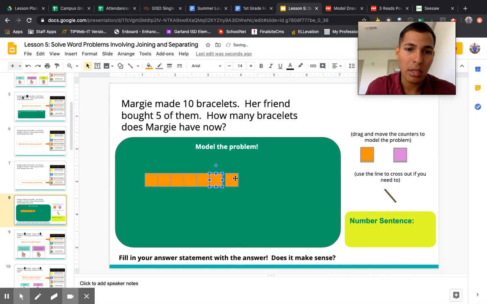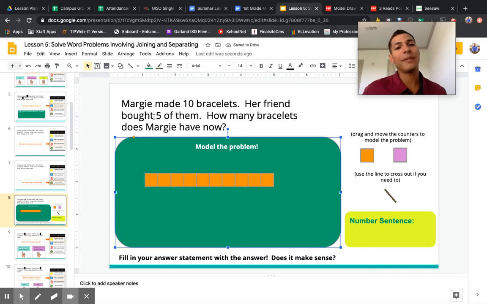Connect that, connect that, connect that. 1, 2, 3, 4, 5, 6, 7, 8, 9. And we got 10 now. Okay, so we have 10 bracelets. So we determined our first part, 10 bracelets.